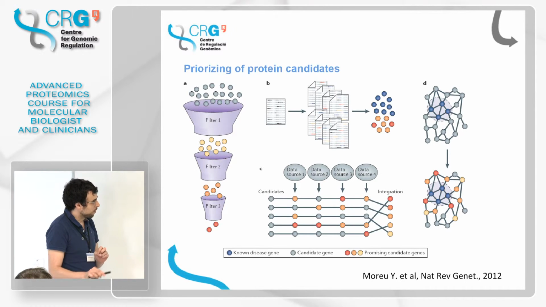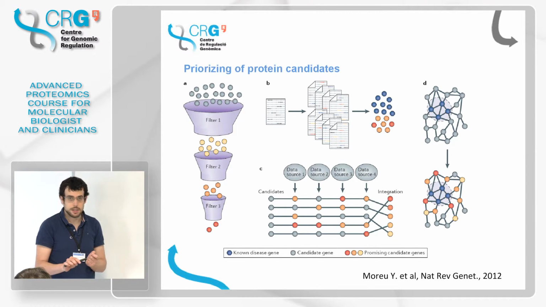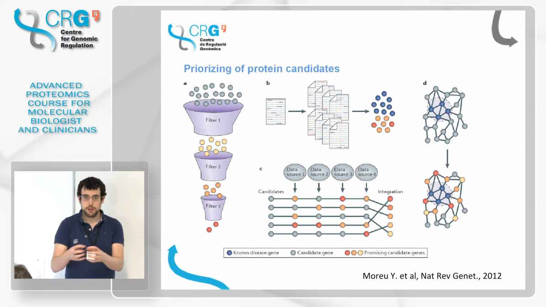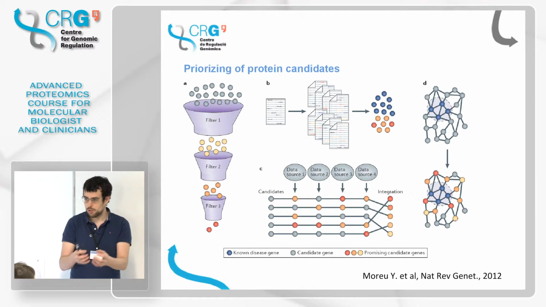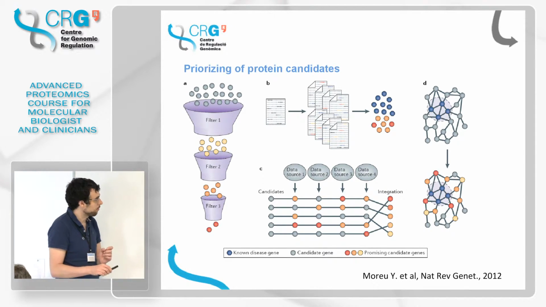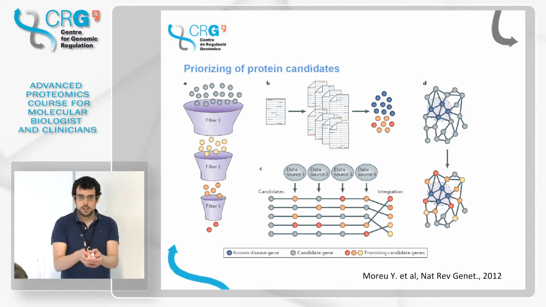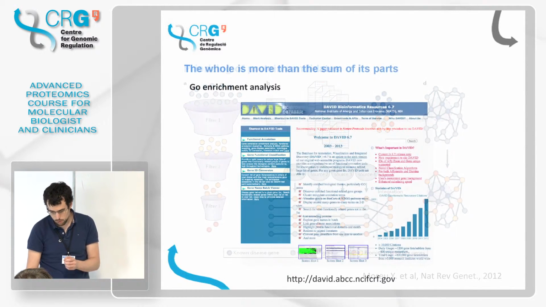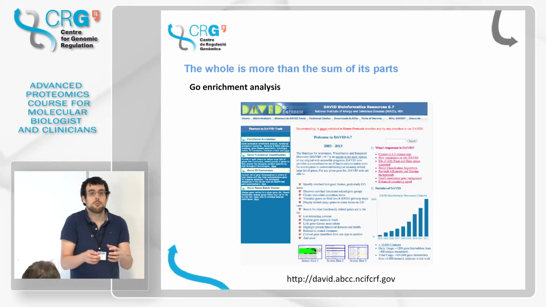One way that I introduced already on Monday, and that we will see more tomorrow with Martí Bernardo, is to do network models and see whether the proteins that are significantly enriched or changing in abundance are very close, interacting either functionally or physically in a protein complex or a signaling pathway or a metabolic pathway, so that we can focus on the study of that particular function instead of a particular protein. Okay?